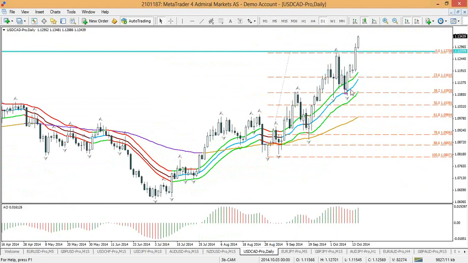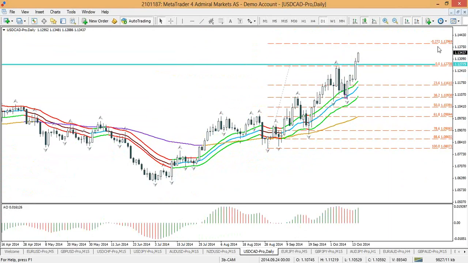Alrighty, seems like we bounce off a 38.2 fib. First target, minus 272 at 114, will be the first target on the dollar CAD on the daily chart here.